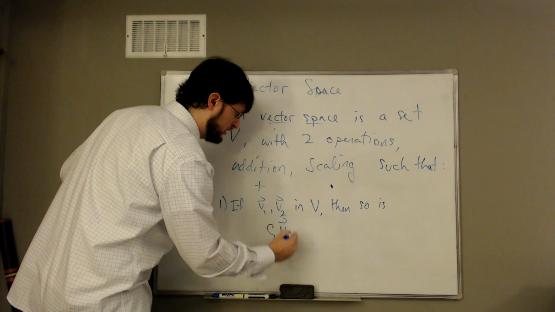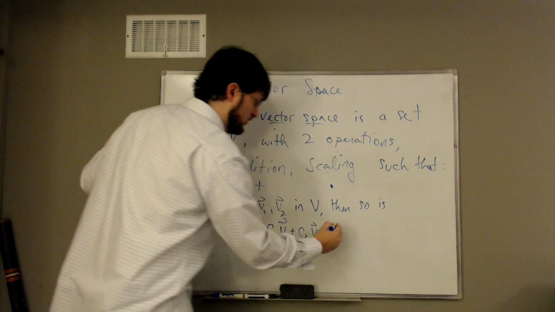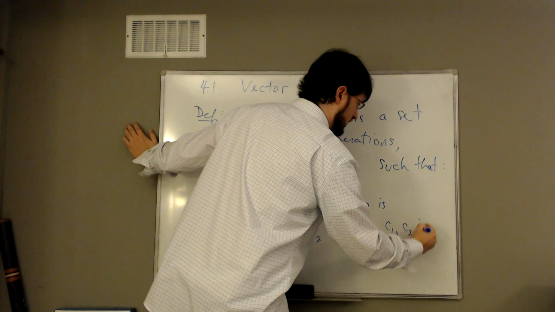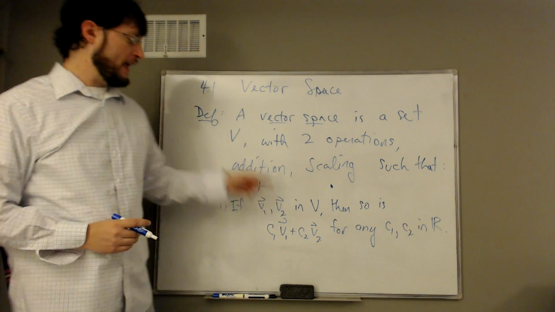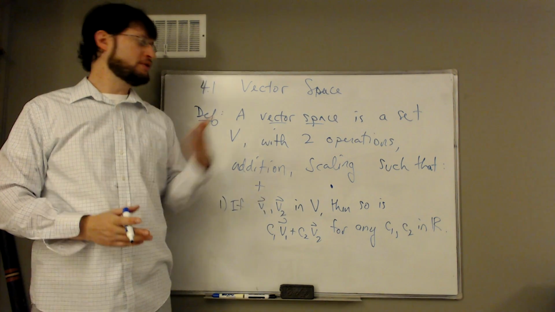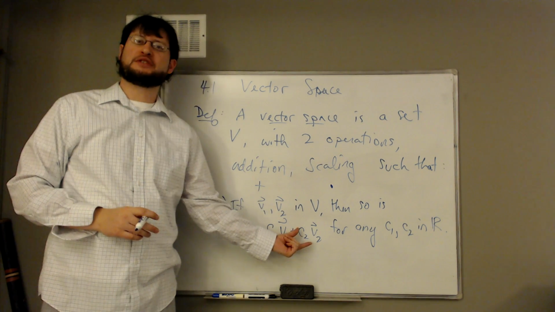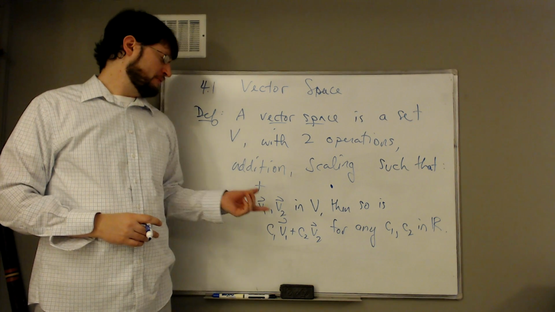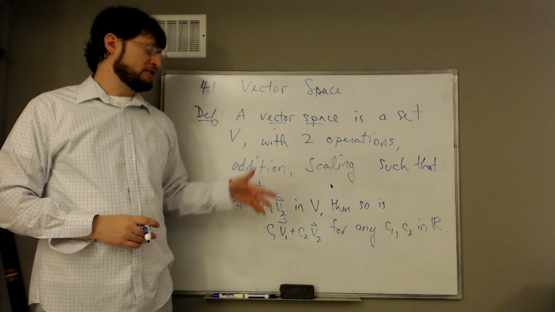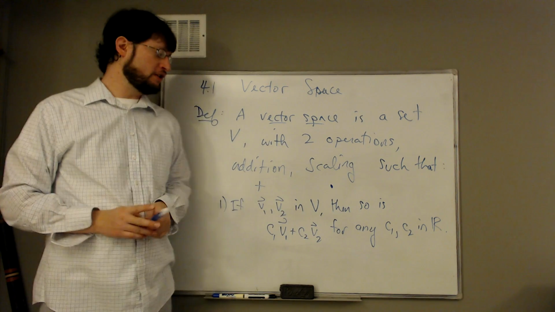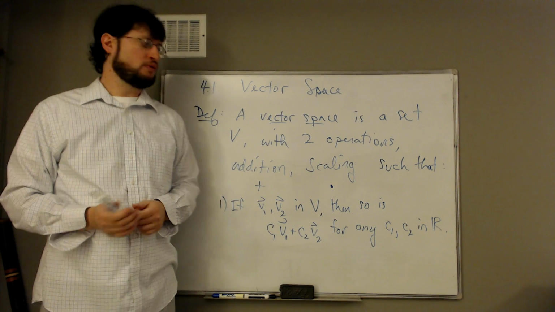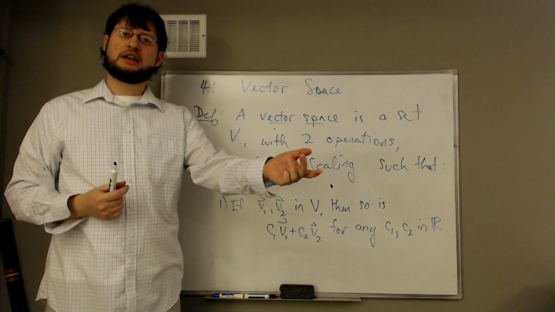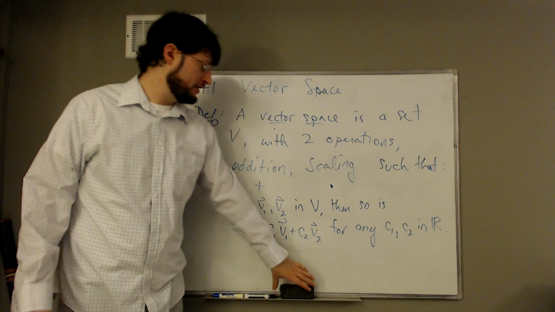So C1 V1 plus C2 V2 for any C1 and C2 in R. So we're going to be able to scale by any real number and still stay in the set, and we're going to be able to add up vectors that were in the set and stay in the set. So remember from our language from before, that's the same thing as saying that it's closed under addition and closed under scalar multiplication. So we start with two things in the set, we add them up, it's just something else that's in the set. We start with something in the set, we scale it, it's still in the set.